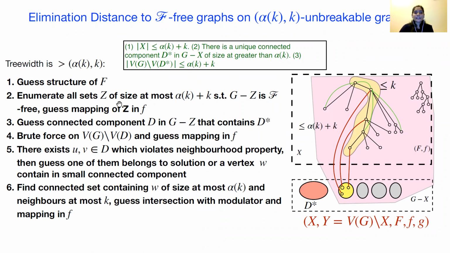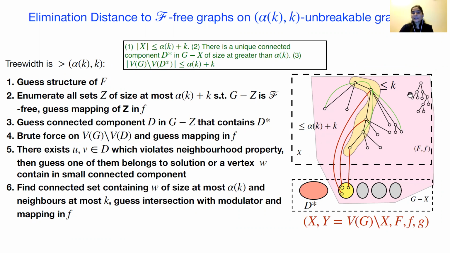So let me quickly recall the algorithm. When the tree width is large, we showed that the modulator size is small and there is a unique large connected component in G minus modulator. The vertices other than this large connected component are bounded by alpha k plus k.